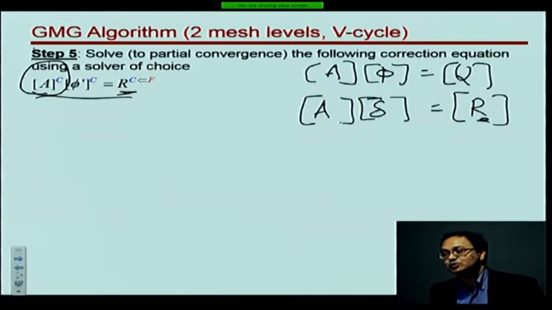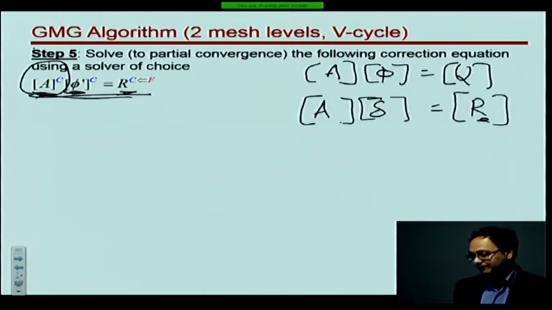That's what this matrix is, the A with the superscript C. It's just the same A matrix that you normally calculate, except with the coarse mesh spacings. So when you solve this system, what it gives you is a correction of phi on the coarse mesh, only on the coarse mesh points, not on the fine mesh points.